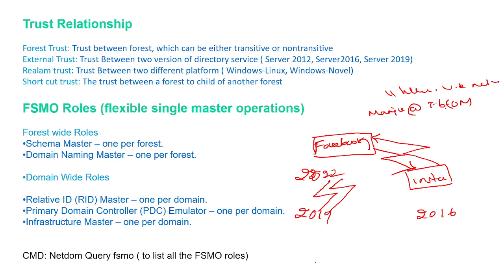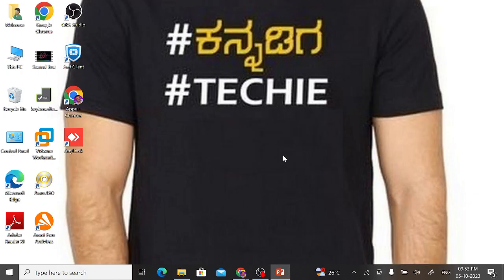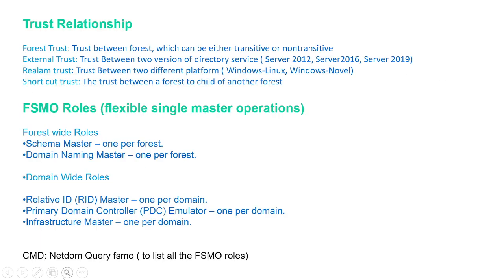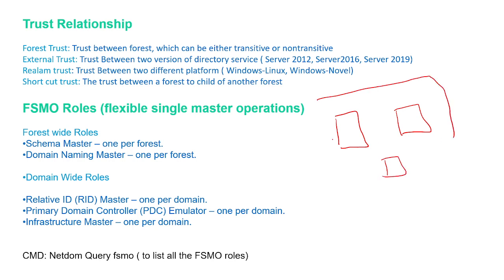Say for example, now you have Microsoft.com. Say this is Bangalore, Microsoft.com, here DC01, DC02, this is DC03. Similarly, you have Hyderabad also.